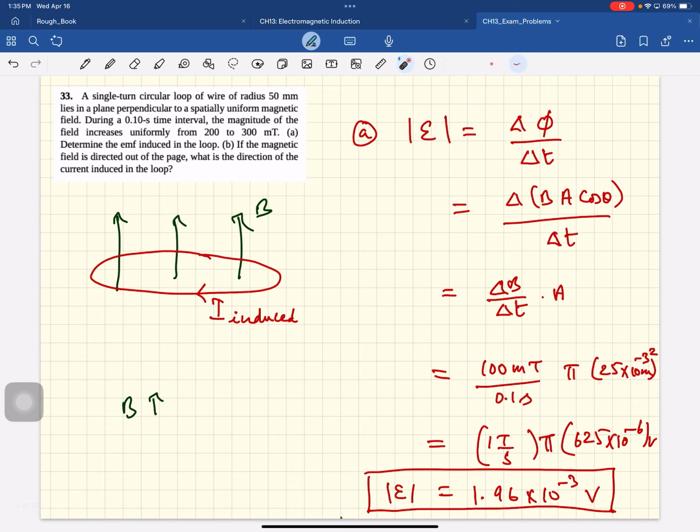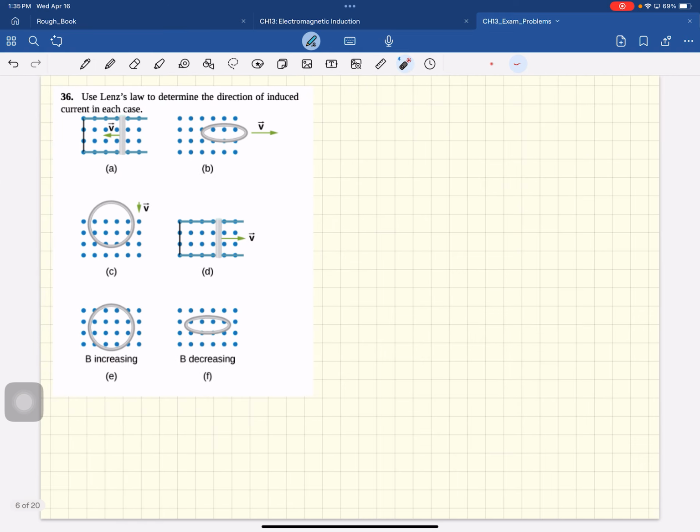And for part B, we have already figured out the direction of the induced current. All right, so again, let's use Lenz's law to figure out the direction of the induced current. In this case, the blue dots are magnetic fields. The magnetic field is coming out of the sheet.